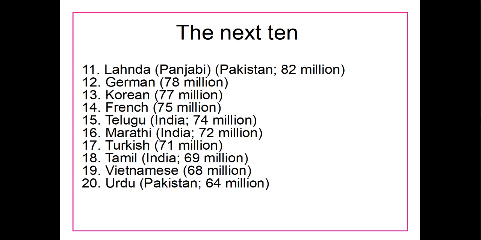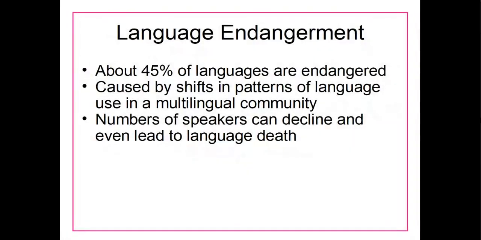The next 10, rounding out the top 20, include a few more relatively well-known languages, such as German, Korean, French, Turkish, Vietnamese, Urdu. So a lot of relatively well-known languages that are still in the many millions of speakers. Those languages, all those in the top 20, are pretty much in no danger of dying out.